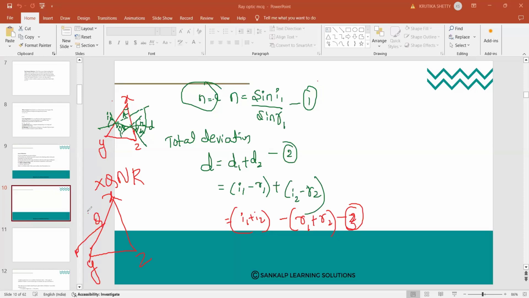Then here the normal is taken as N. And next, the refracted ray is taken as R. So if you consider only this much part, it looks like a quadrilateral. Agree, students? X, Q, N, R is a quadrilateral.